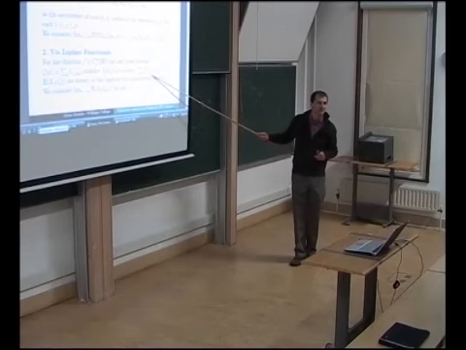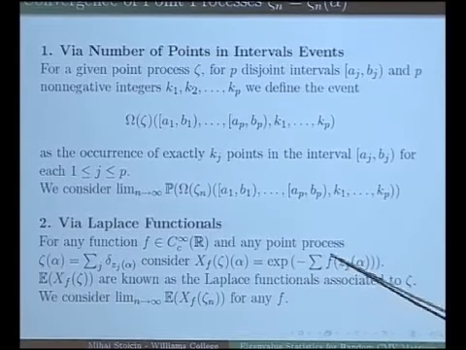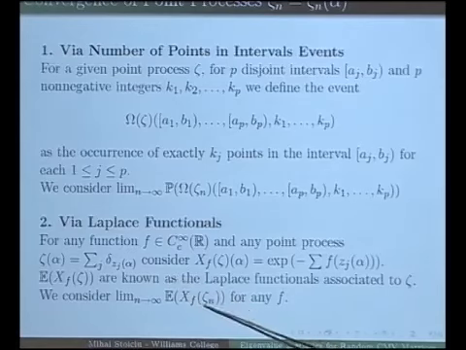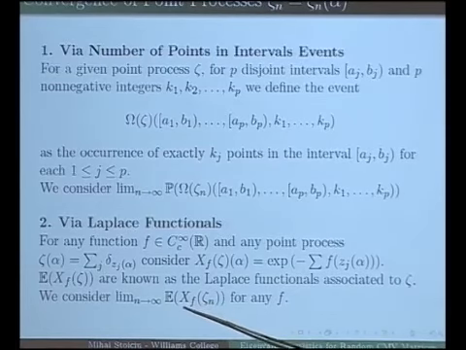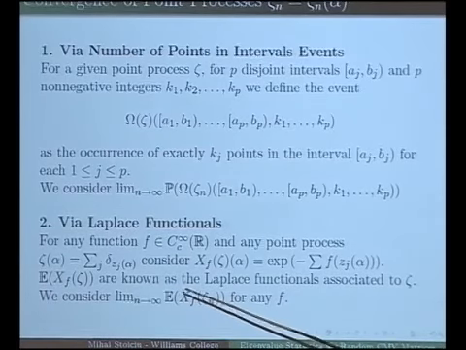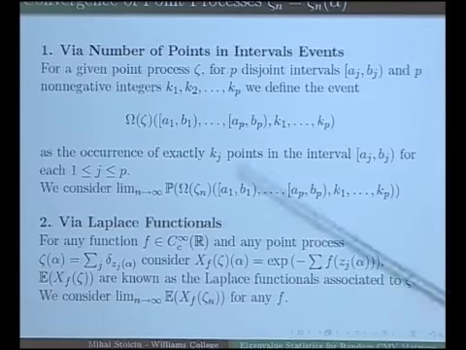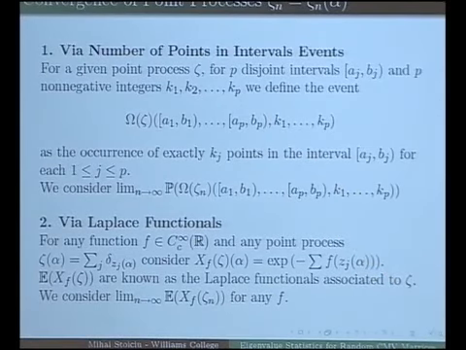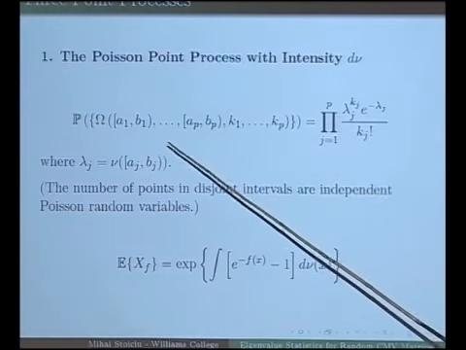For any function f, we apply f to every point, take the sum, and take e to minus that sum, so that in most cases, we get something that converges. Then for any f, we take the limit of these expectations. These are called the Laplace functionals. These are two ways; one is fractionally stronger than the other.